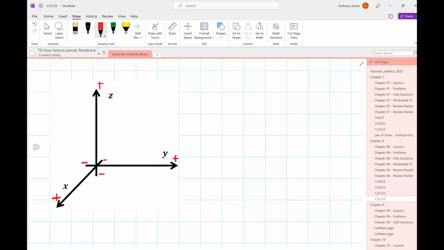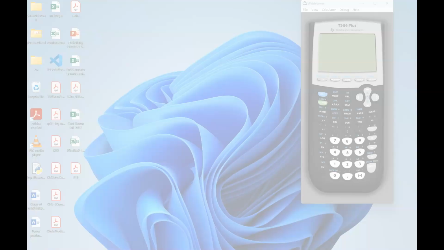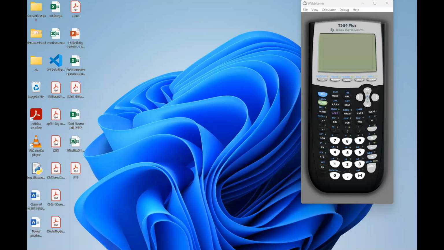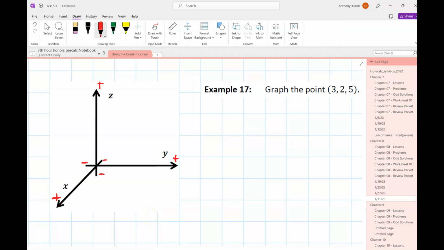Let's talk about how we plot a point in the three-dimensional coordinate system. It's kind of like doing a vector projection, except there's no math involved, really. We're going to start by plotting something in 2 dimensions.